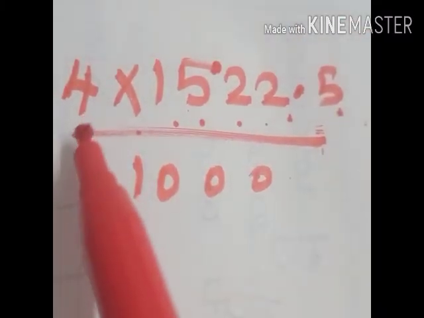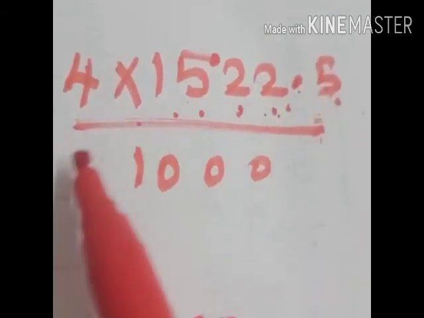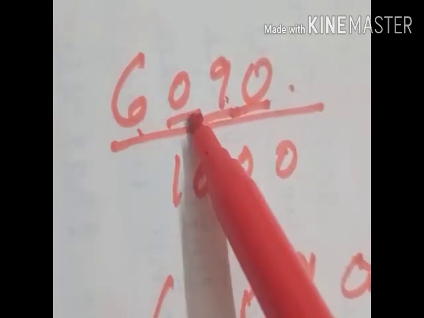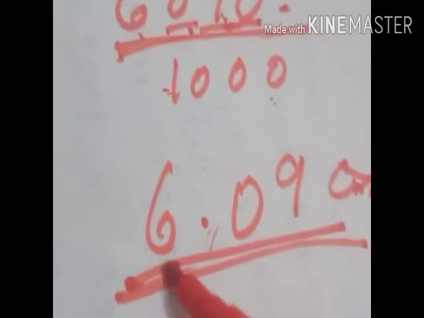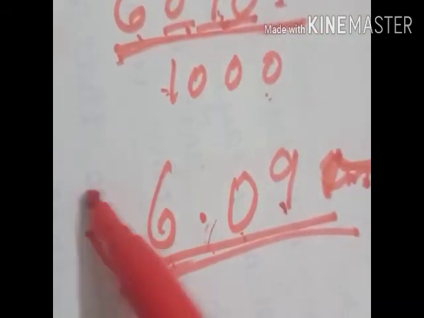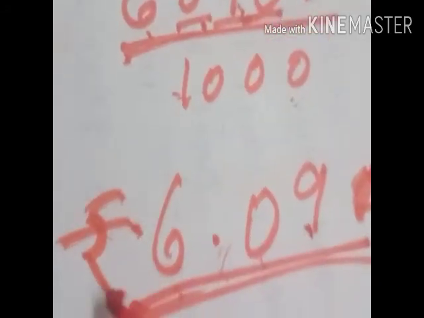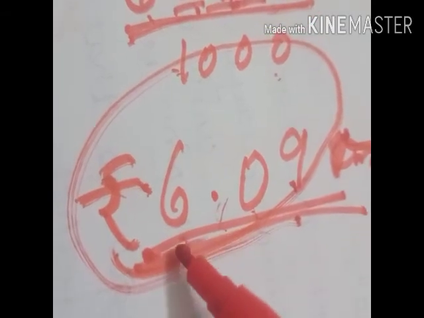When we multiply 4 into 1522.5, then we will get 6090. Then it is by 1000 equal 6.09. This is rupees cost. So it will be rupees 6.09. It is the cost for making one big box.